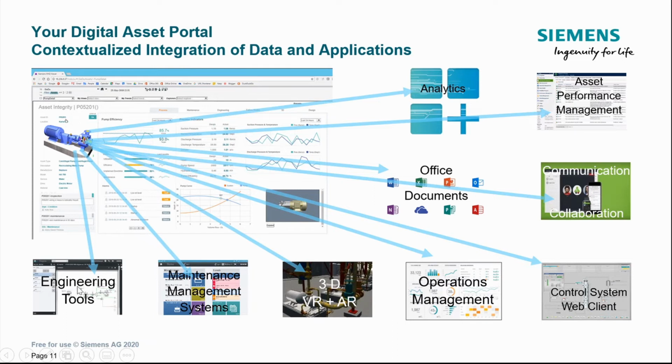Engineering tools like drawings and P&IDs, maintenance management, maintenance scheduling, comments about the maintenance, maintenance that was done, 3D, as Gerd mentioned, and operations management, so how many hours this pump has been operating, the condition, behavior, etc. So DCS, where is my asset in the process, or documents and communication if you need some extra support, for example, and analytics and asset performance.